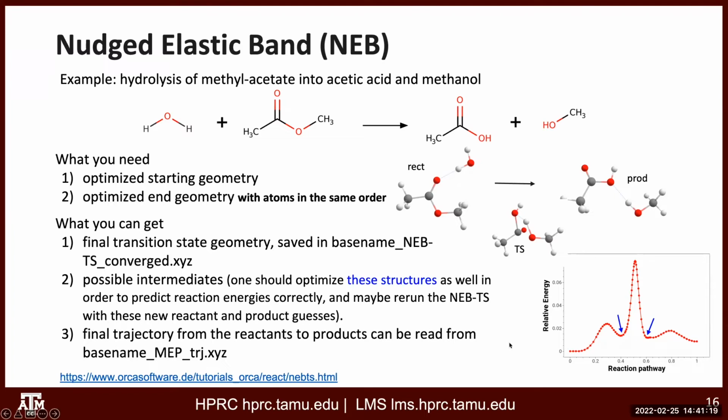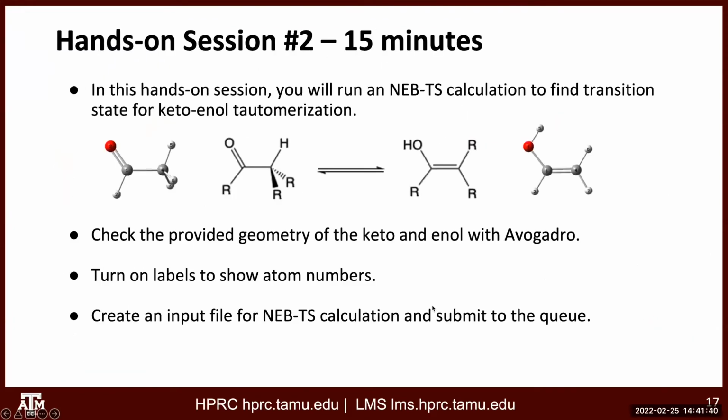So it's really cool that the NEB-TS is able to find possible intermediates for you. And the final trajectory from reactants to products, each of these points, can be read from a trajectory file.